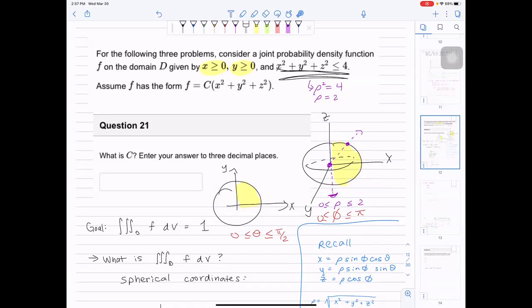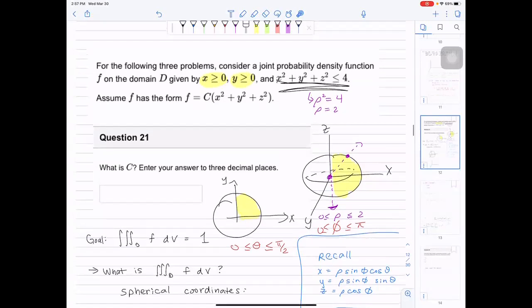Remember, I said this is 0. If it went up to this point, it'd be pi over 2. If it went all the way down here, it'd be pi. And we can go to pi because we don't have any limits on z. Z could be anything, positive or negative.